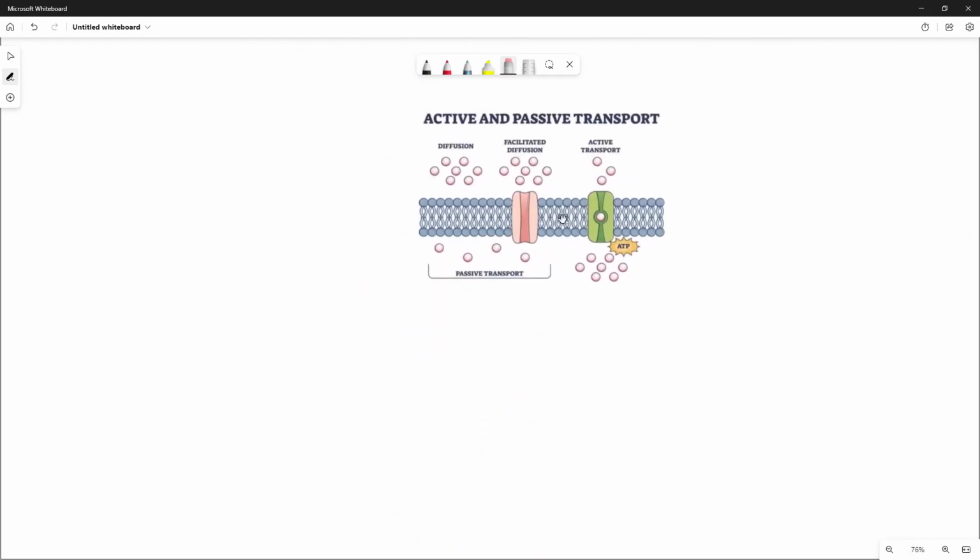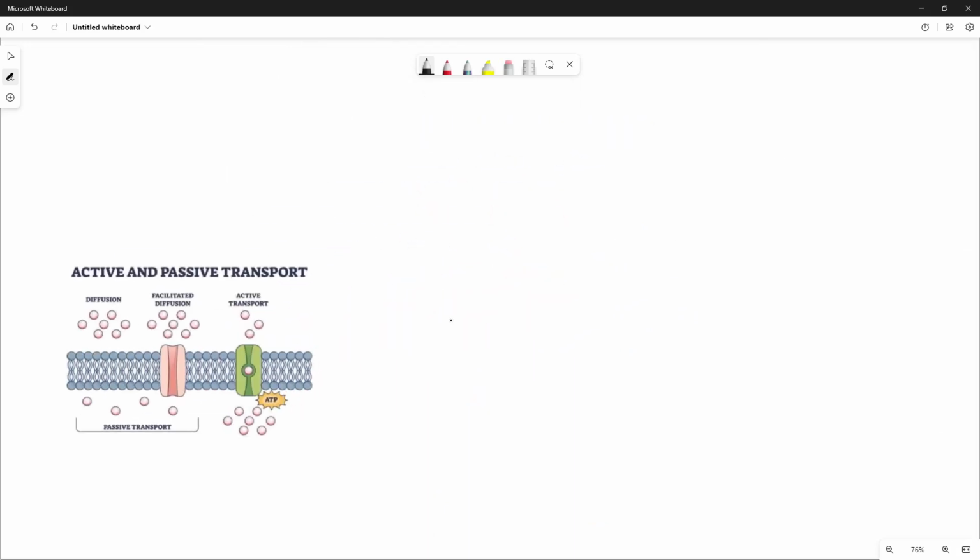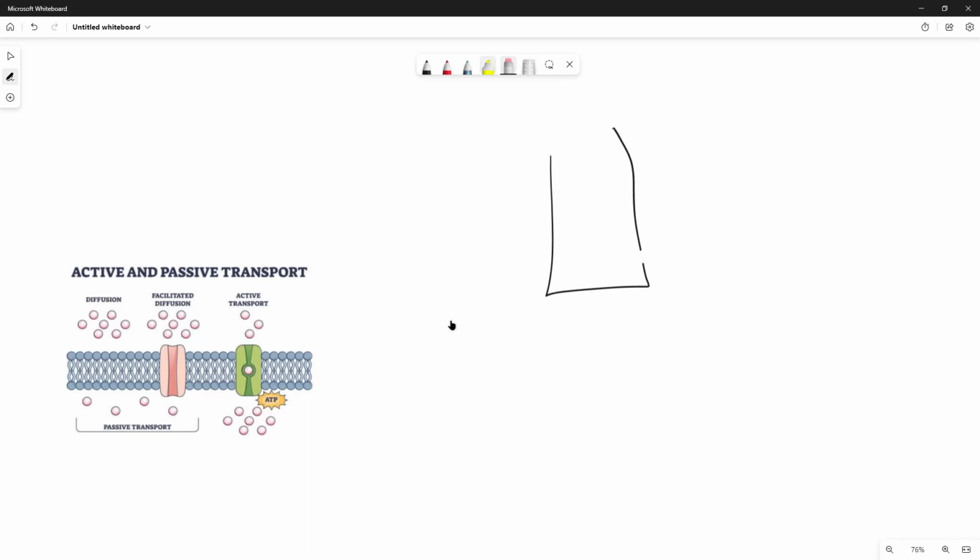Then we have active and passive transport. So, to understand active transport, you have to understand this. For example, if I'm keeping a container which has water filled, and I have a hole here, and the other container is also the same size, but it has less water.